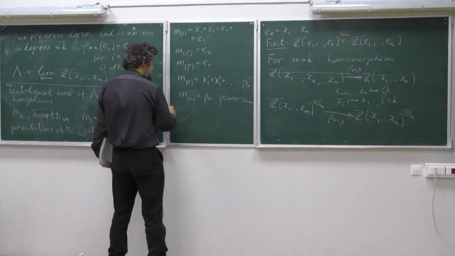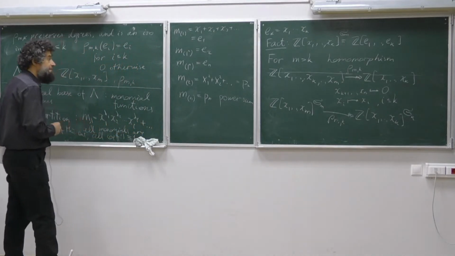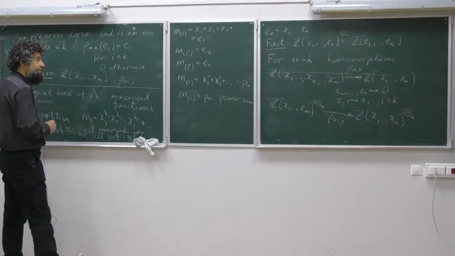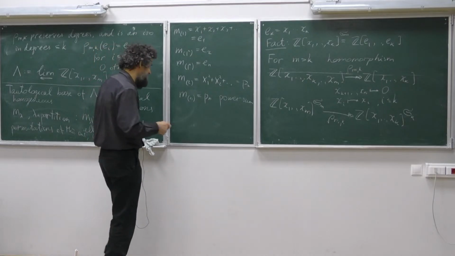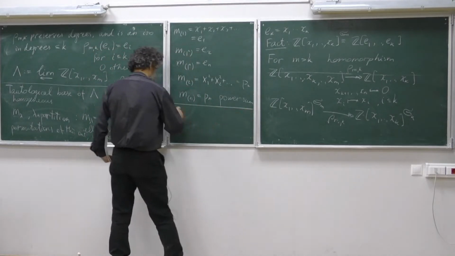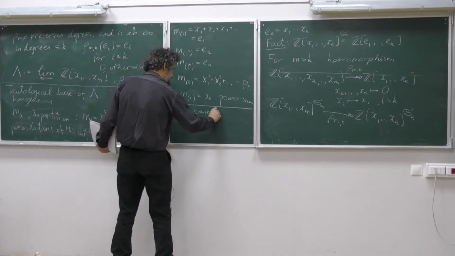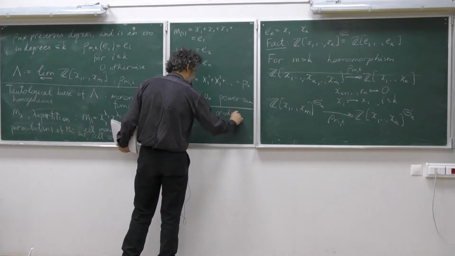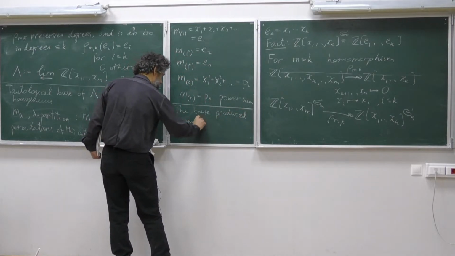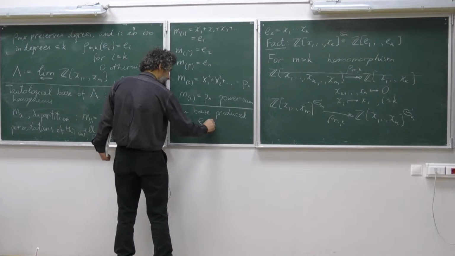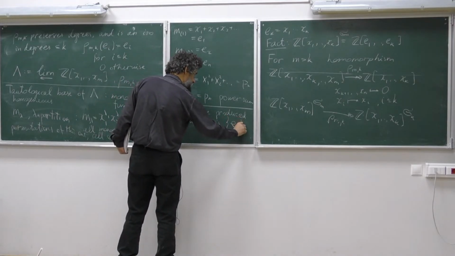Now, if we want to prove something about elementary symmetric polynomials, we want to produce a base. And the base produced from the Eis is E lambda.